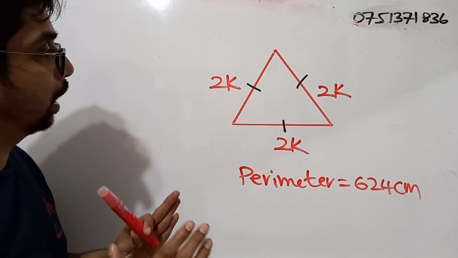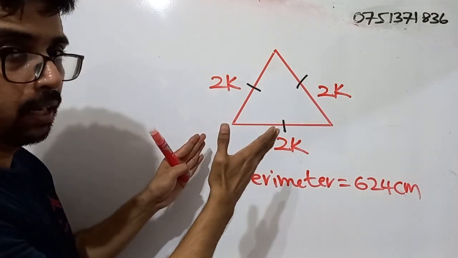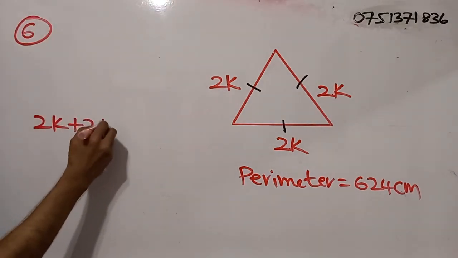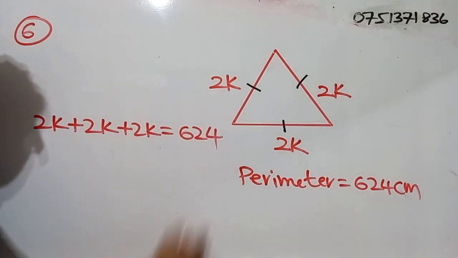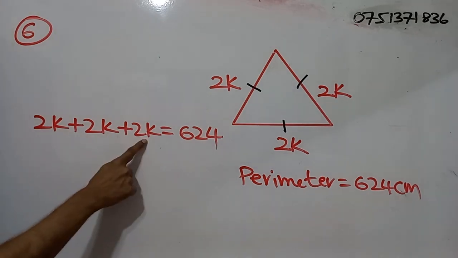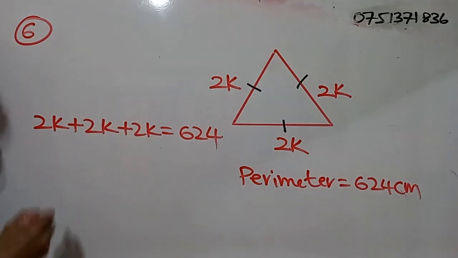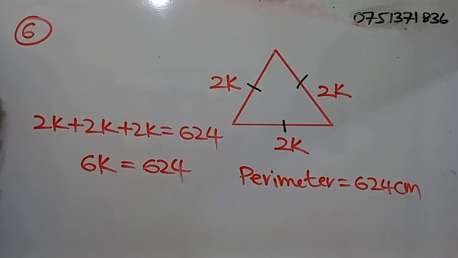So if we write an expression regarding the perimeter of this equilateral triangle, what will it be? 2k plus 2k plus 2k, that is equal to 624. What are these? Like terms. So 2k plus 2k plus 2k, what is that? 6k. 6k is equal to what? 624.